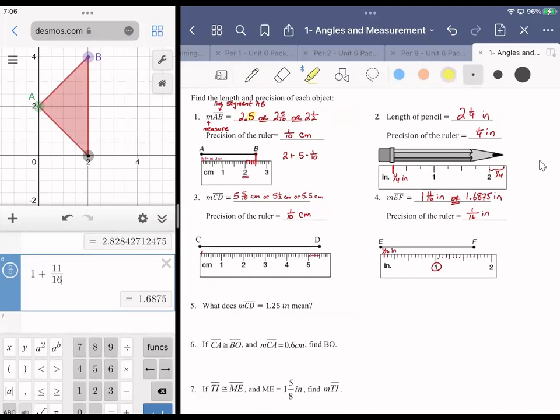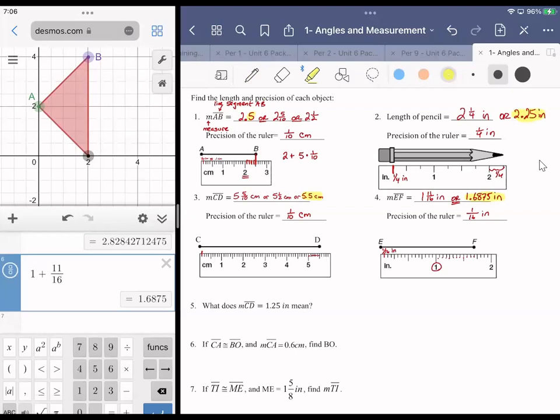This one could have been a 0.25. For some reason, I didn't write the decimal equivalent here. So 2.25 inches, 1.6875 inches, and 5.5 inches. The decimal value gives you a clue as to the precision of the instrument.